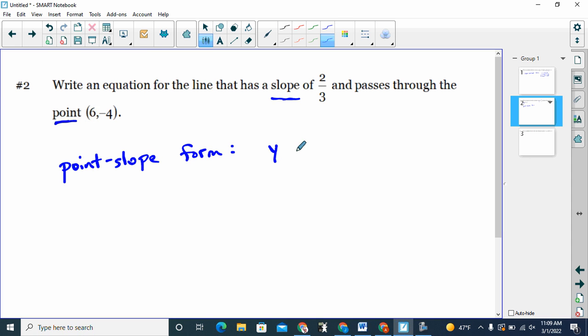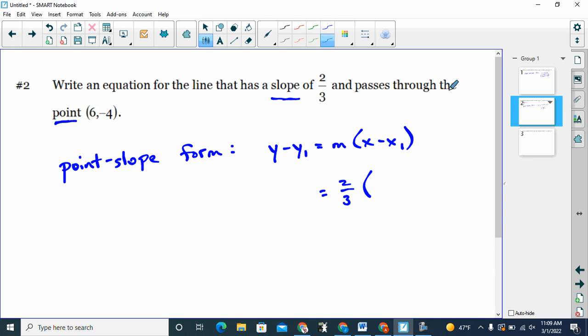Point slope form is y minus y1 equals m times x minus x1. So m is still slope, so we can plug our slope in. We know our slope is 2/3. And x1, y1 is any point on the line.